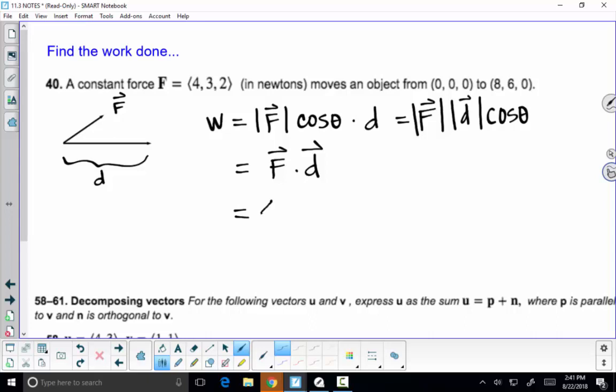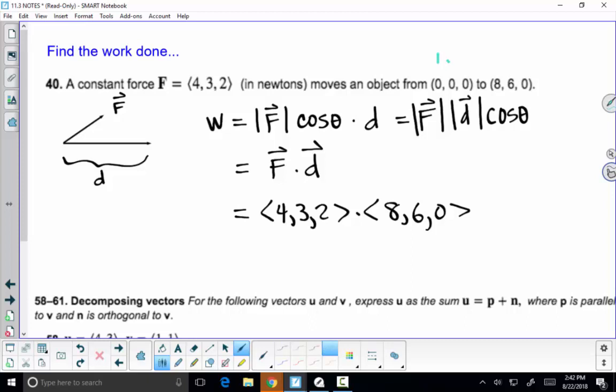So here, our force vector is 4, 3, 2, and our distance, if we wanted to find the distance, we'd use the distance formula, but we don't want the distance. We just want to make this a displacement vector. If we make that a vector, it's a little funny because we're coming off the origin, so the coordinates of that endpoint are going to match the components of the vector. But let's just look at a hypothetical here.